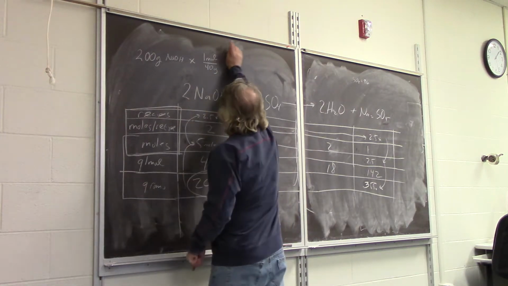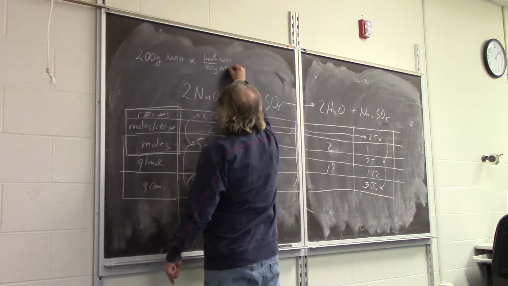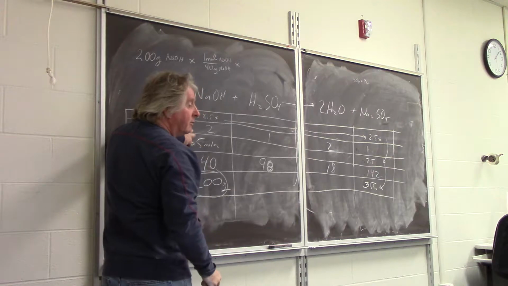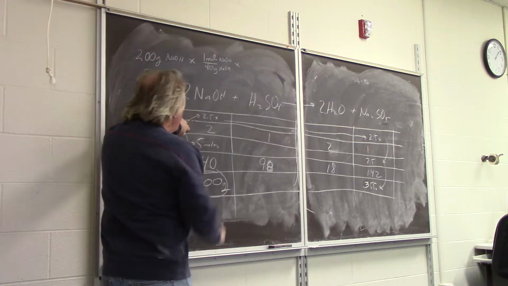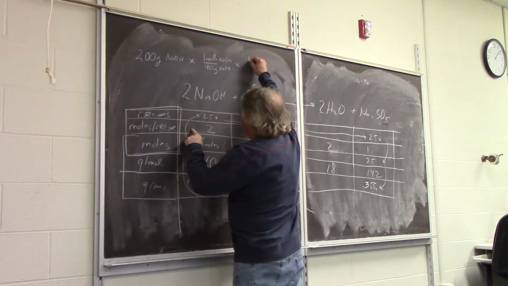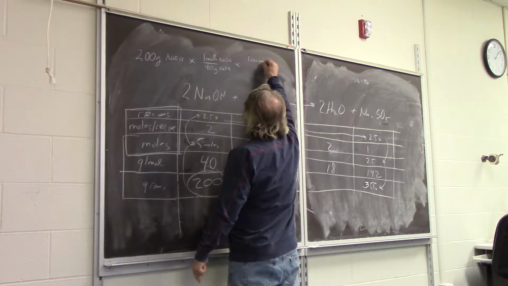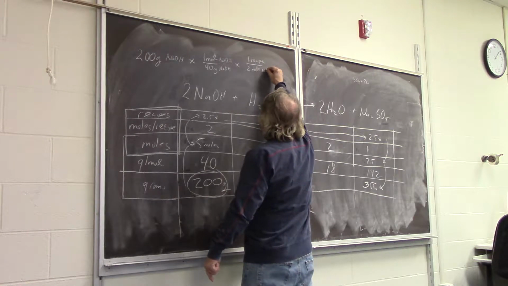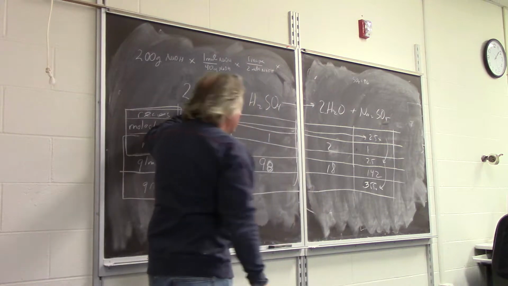This is sodium hydroxide. Okay, so that puts me here. Don't write that down. You only write down your operations. Then I'm going to go up again, so I take the reciprocal of 2. So it's going to be 1 recipe per 2 moles of NaOH. And that gets me right here.